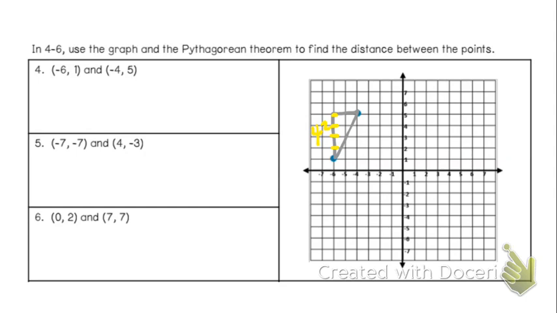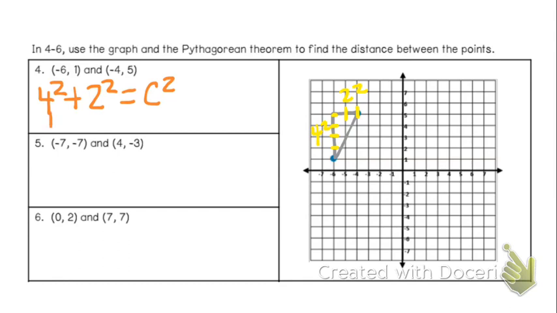And the distance here is 1, 2. So that gives me 2 squares. So now we know that we have leg A and leg B. So we have 4 squared plus 2 squared. It's going to give me C squared.